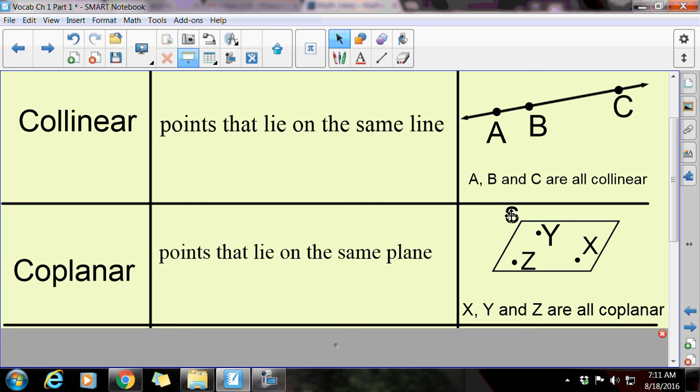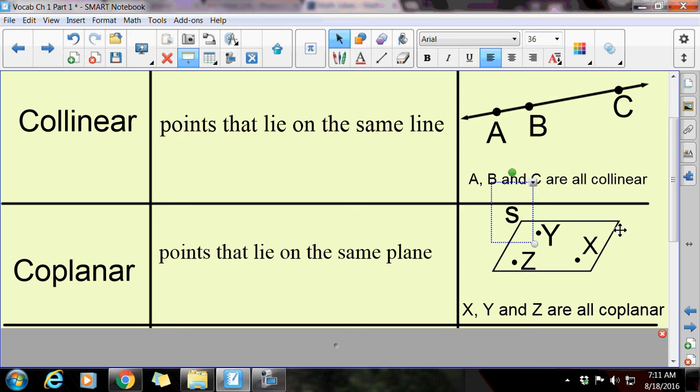So what a lot of times we'll do is use a lowercase letter and put it up in the corner, and that's another way to name a plane. We're going to go over this in class, so don't freak out if you're not understanding this. But a lowercase letter up in the corner of a plane can also be a way to represent a plane. Okay?